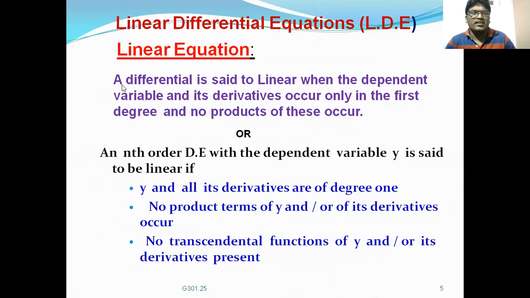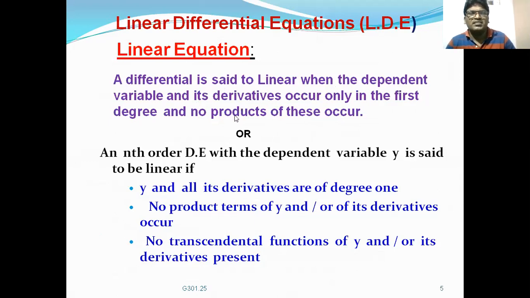See here once again the definition. A differential equation is said to be linear when the dependent variable and its derivative occur only in the first degree and no product terms occur.